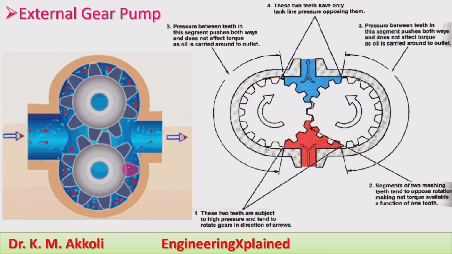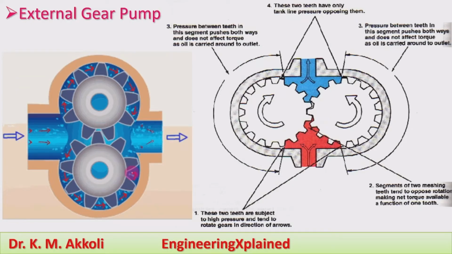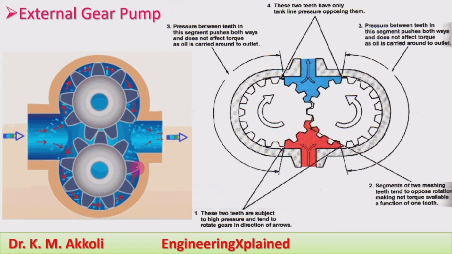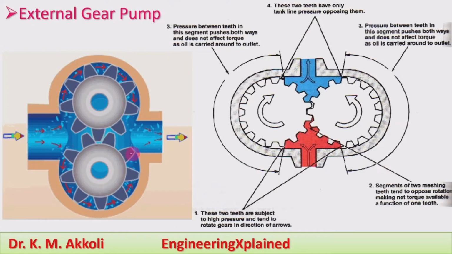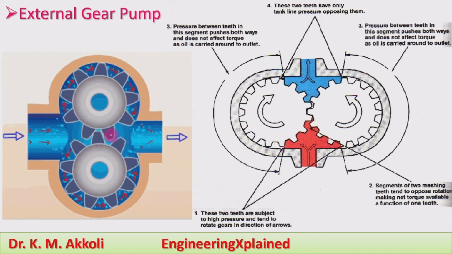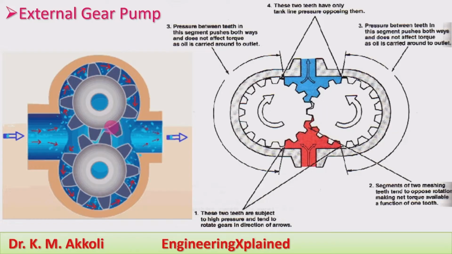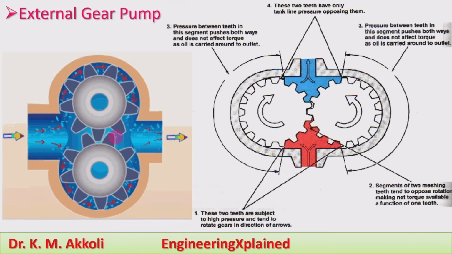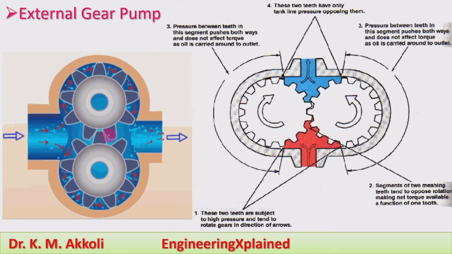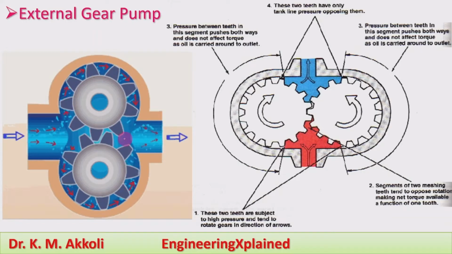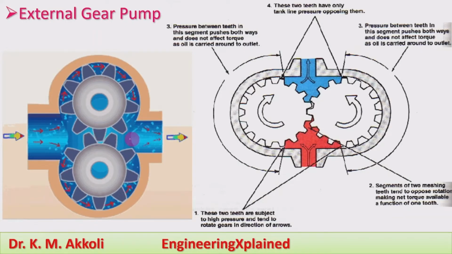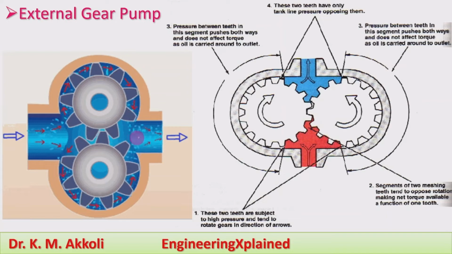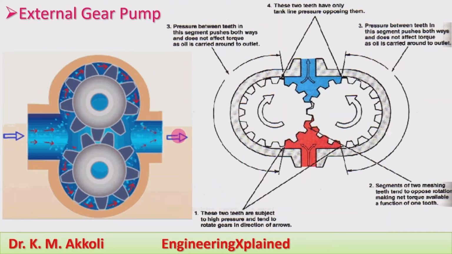During its rotation, whenever the gears come to this side, the fluid becomes free. The gear teeth are engaging here, and that pressurizes the fluid to come out of the space. Due to that pressure, the oil or fluid flows outward.